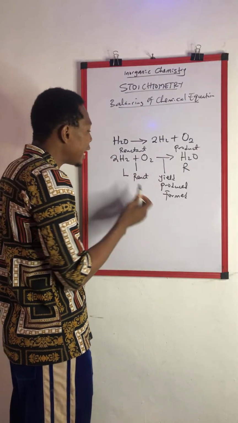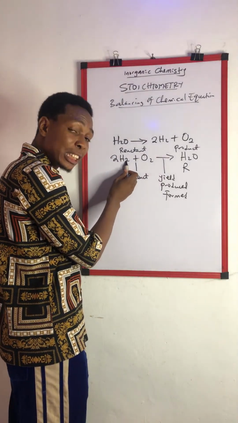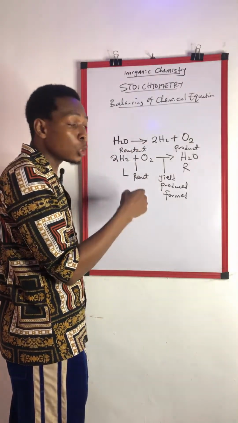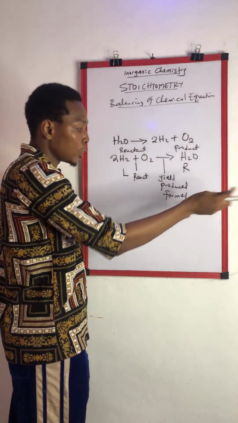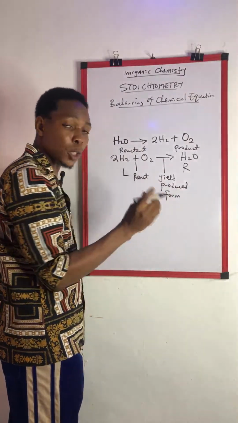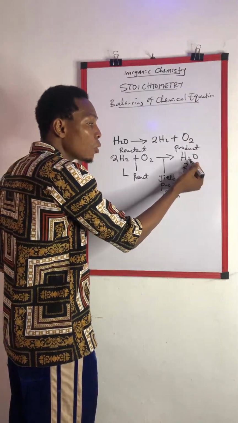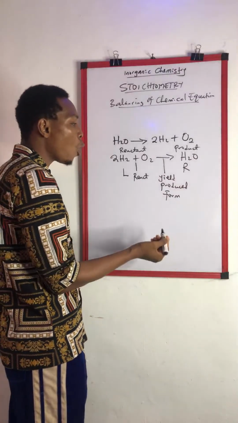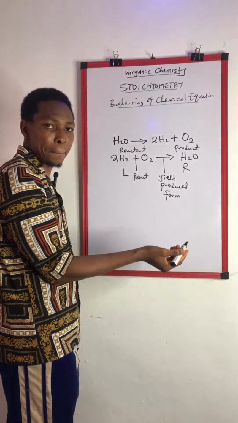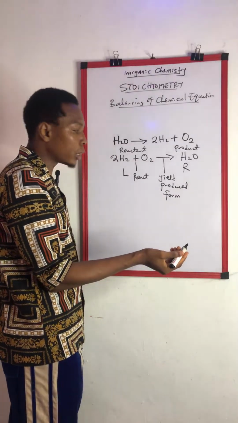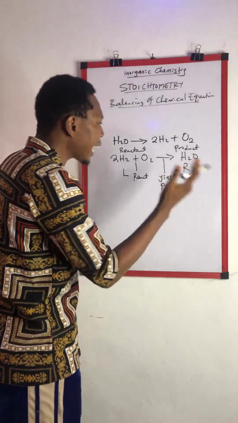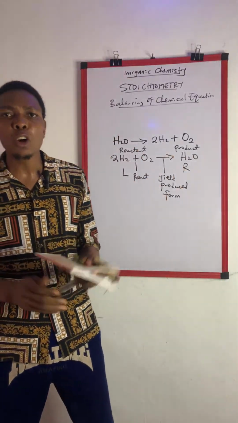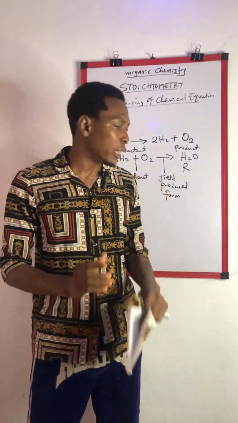That is, 2 molecules of hydrogen gas react with oxygen gas to form 1 molecule of water. So that's it. Like I said before, this equation is unbalanced. Another thing, when it comes to balancing of equation, is this.